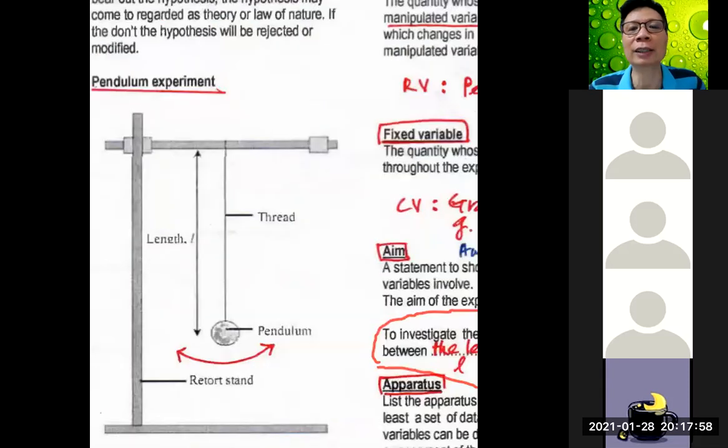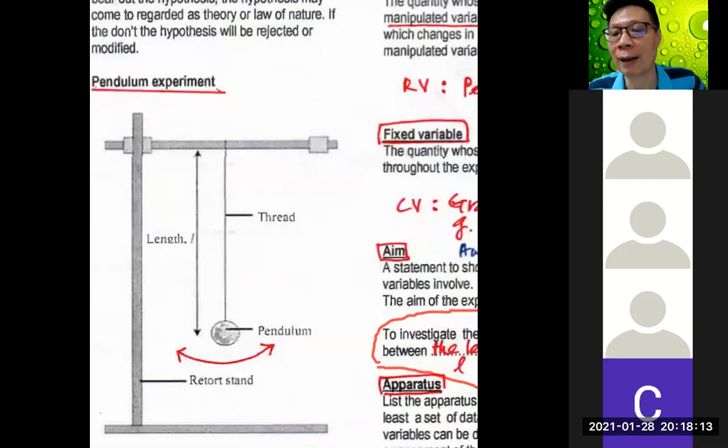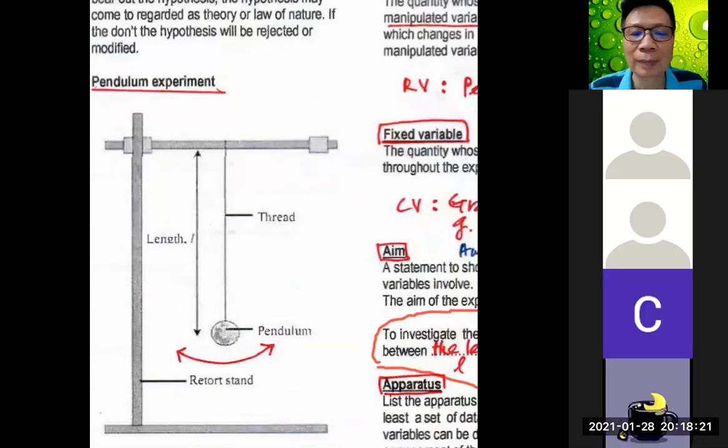Okay, good. Next one is Jiu Mei Chin. Can you tell me one? Thread. Thread. Yes, correct. Thank you. Next. One more. Pendulum.